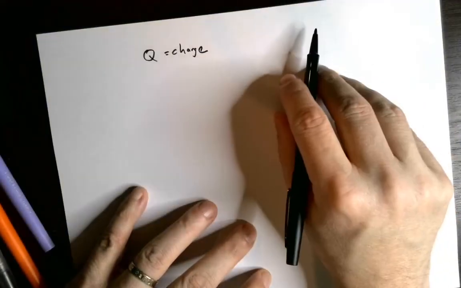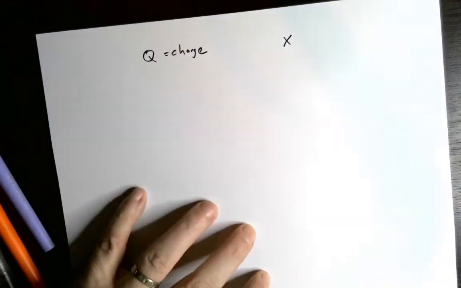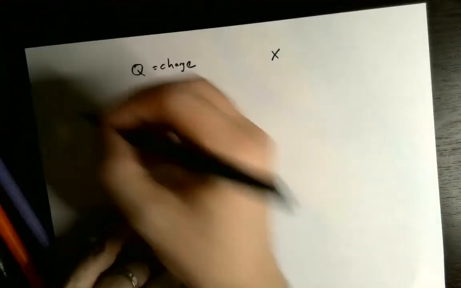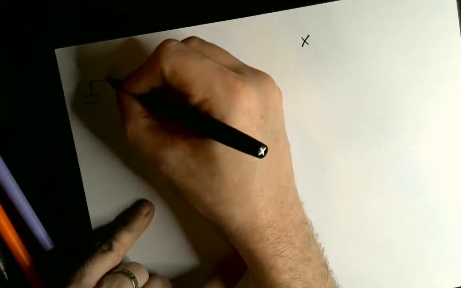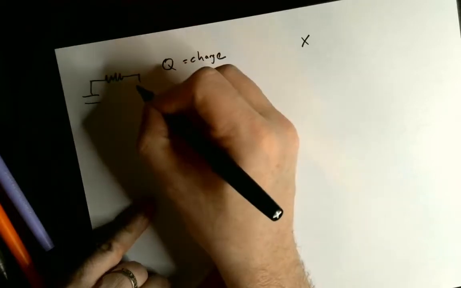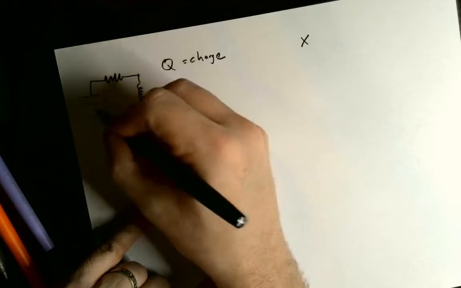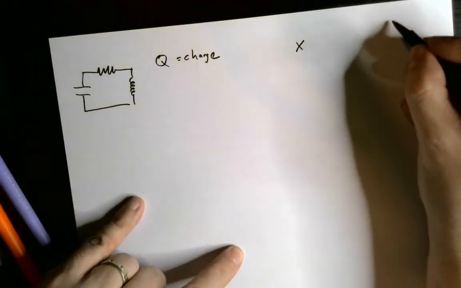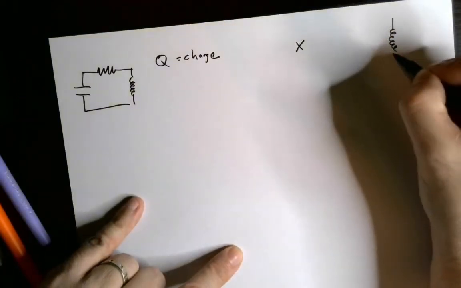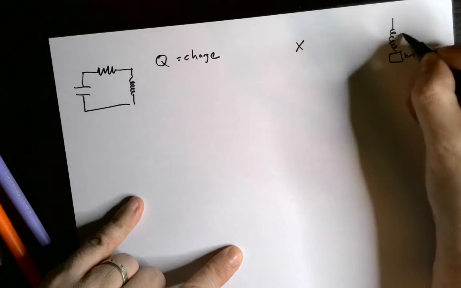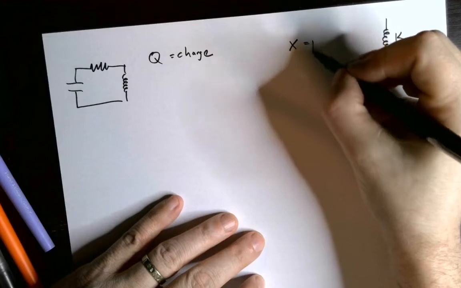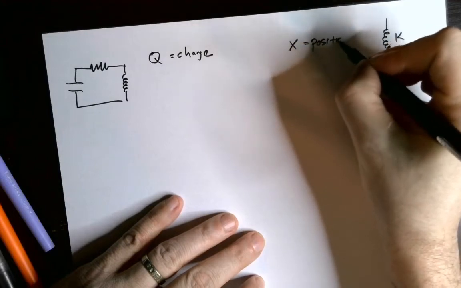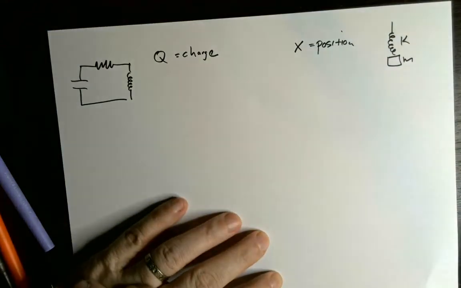The thing that's changing in a mass on a spring is, let me draw our pictures here so we know what we're talking about. We've got a capacitor, we've got a resistor, we've got an inductor. On this side we've got a mass on a spring with spring constant K. The thing that's changing in this is the position.